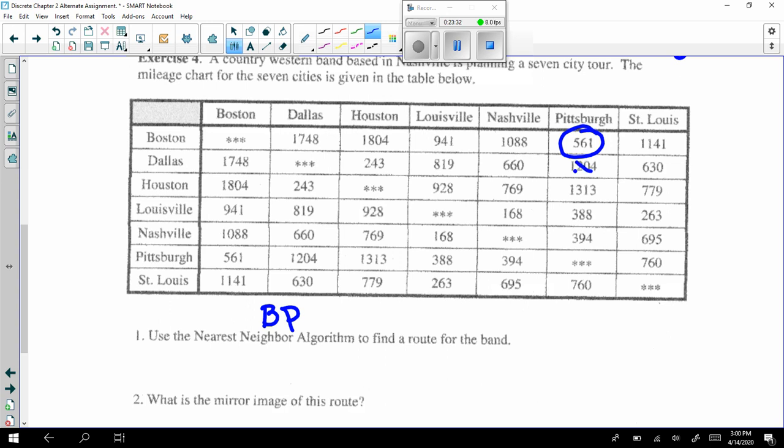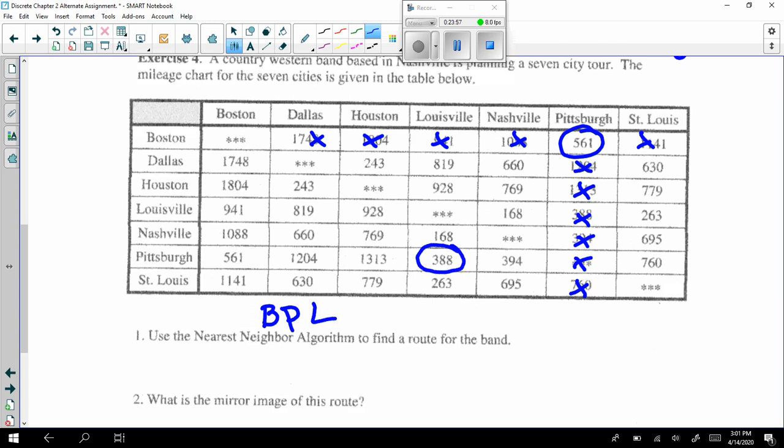Okay. So here we can't go to Pittsburgh from any other place. So we're going to cross these out as well. All right. Now, from Pittsburgh, I can go to any of these. So what's my lowest one? My lowest one is right here to Louisville.